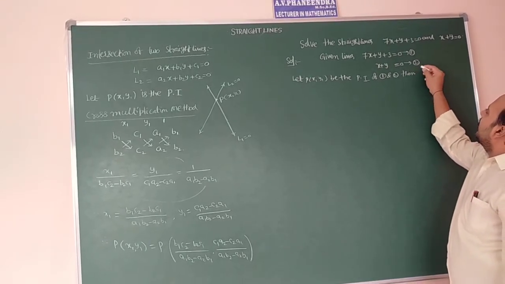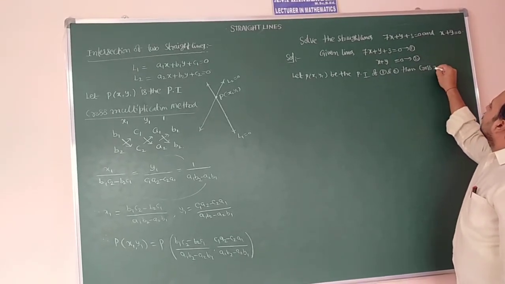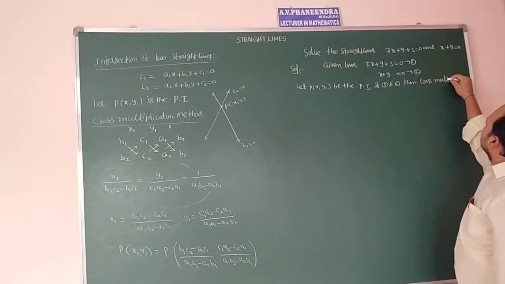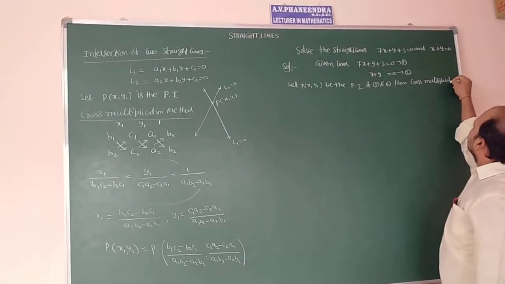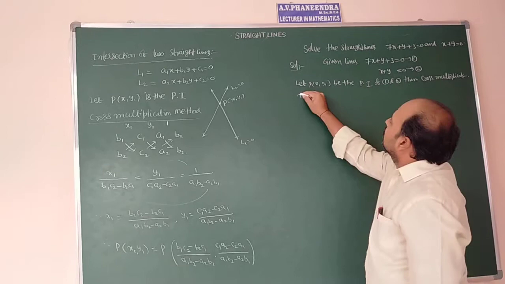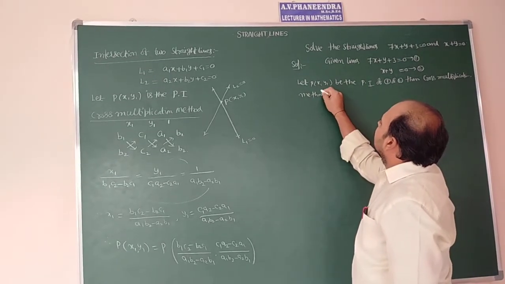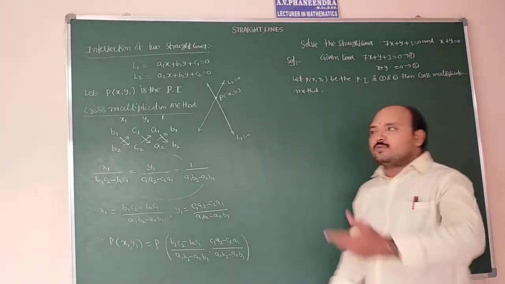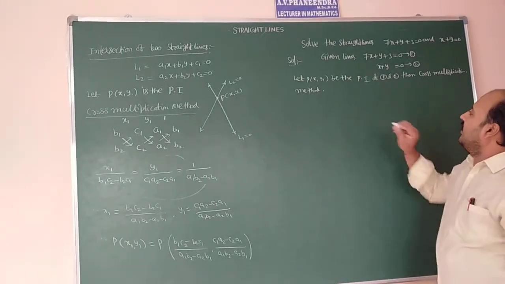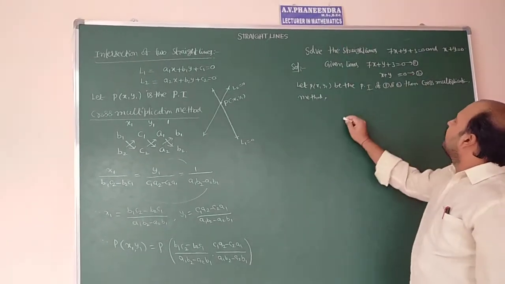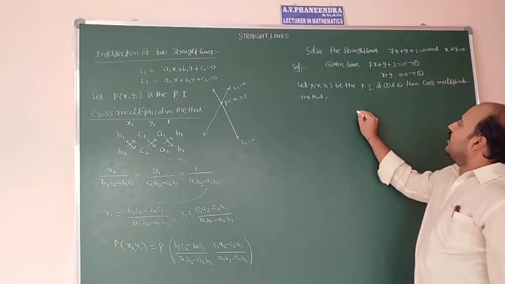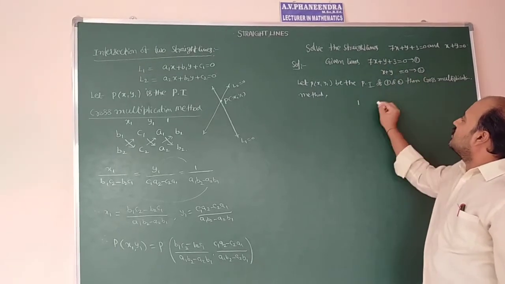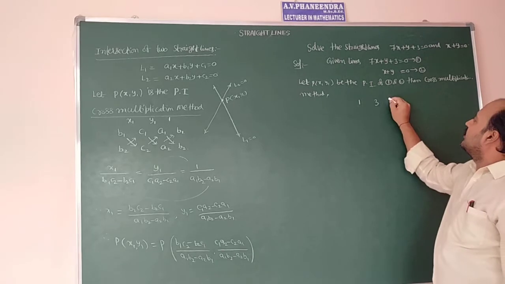Then by the cross multiplication method, same procedure you have to follow. Don't apply this formula directly; the procedure you have to calculate, by using the procedure. First, in the first line, the y coefficient here is 1, constant is 3 and x coefficient is 7.